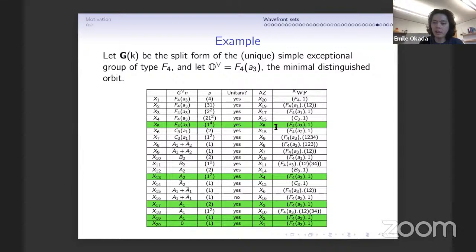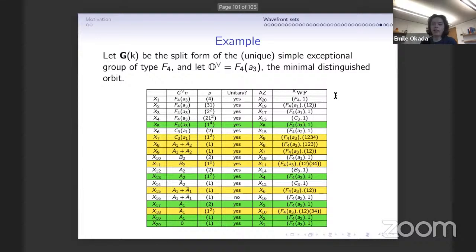I've highlighted all the representations with minimal canonical unramified wavefront set. And what's quite striking, and is a feature of the theorem that I mentioned earlier, is that all the ones with minimal canonical unramified wavefront set are the AZ duals of tempered representations. The tempered representations amongst these are the first five, and the green ones correspond to X1 to X5.